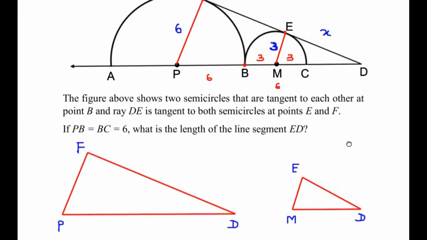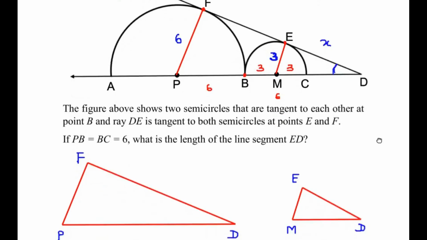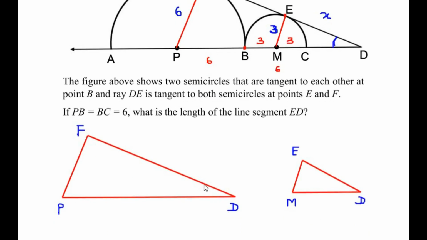Now, in these two triangles, we can see that angle D is acting as a common angle. That is, angle PDF is equal to angle MDE. It's a common angle. So we can just mark over here, angle D is equal to angle D from these two triangles.